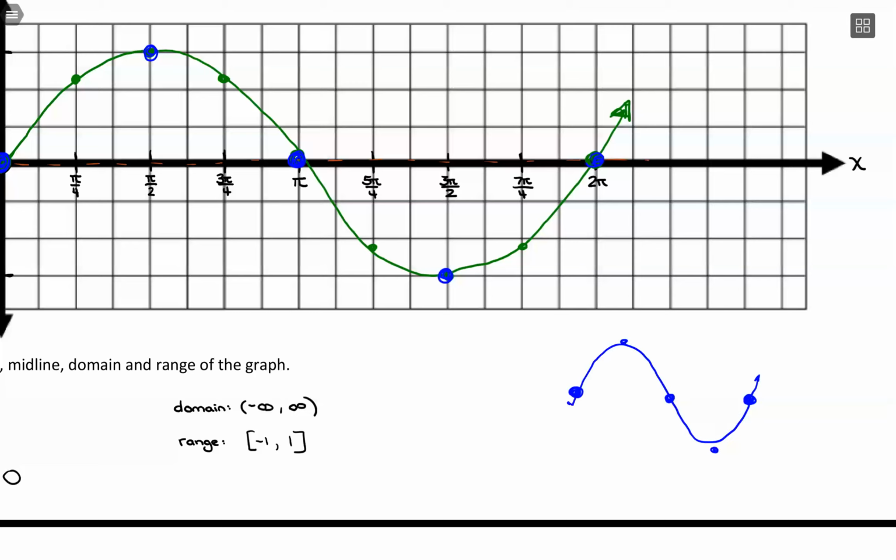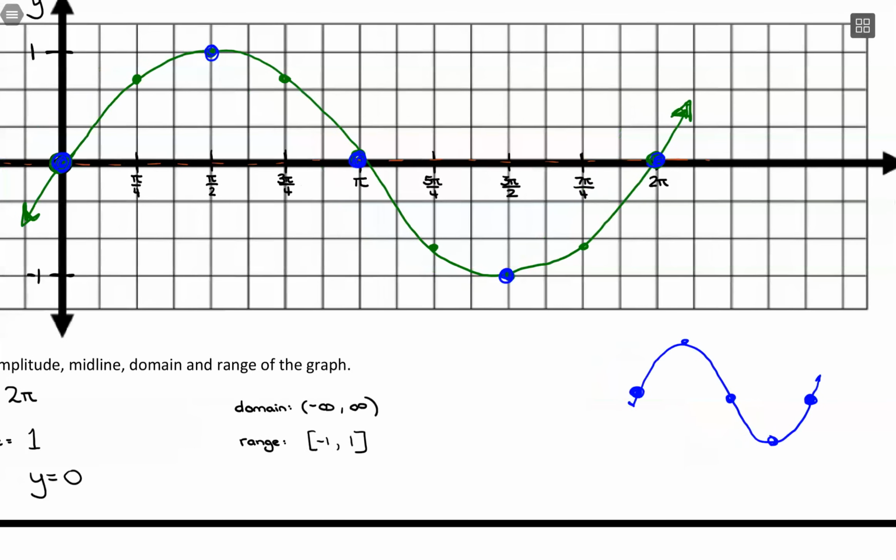Oh, I missed that last point, but close enough. I'll move it right there. So that's going to be something that we use in our graph transformations, the general shape of sine. If we start making transformations to sine, I'm going to be bringing up these 5 special points that we're working with. So that you have the beginning and end of your graph based on the period, you can find the others just with symmetry and thinking in terms of halves.